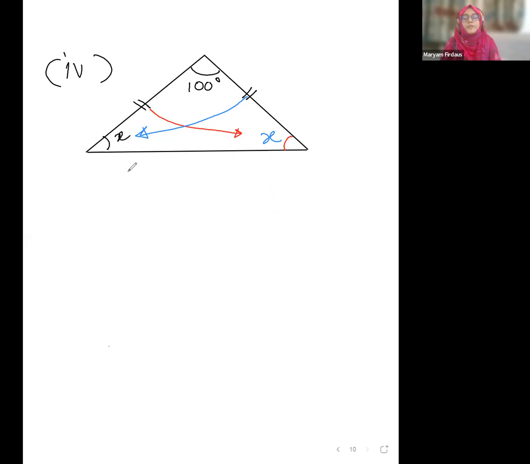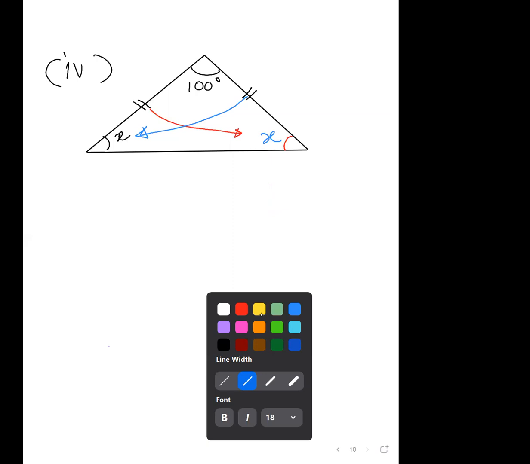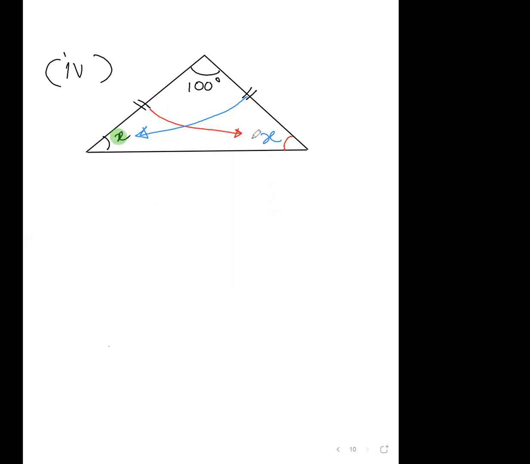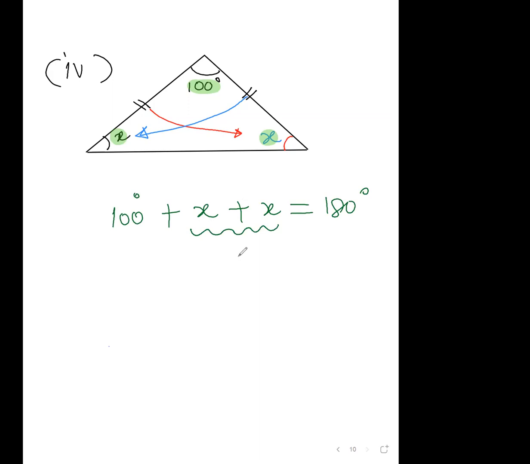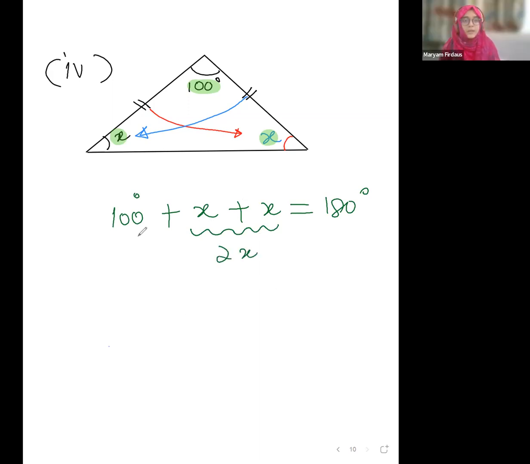What plus what plus what will give you 180? 100 plus x gives 180. 100 degrees plus x plus x gives 180. So now this becomes 2x. And so it becomes 100 plus 2x is equal to 180.